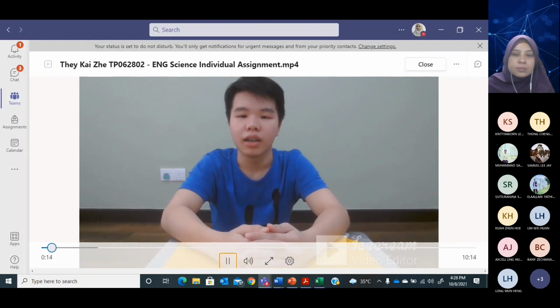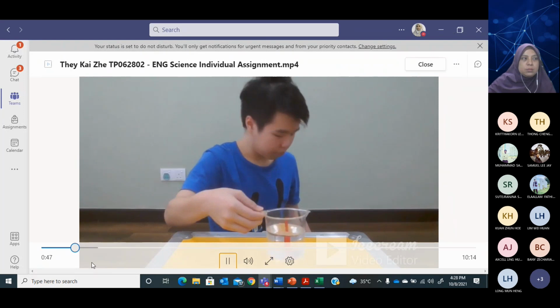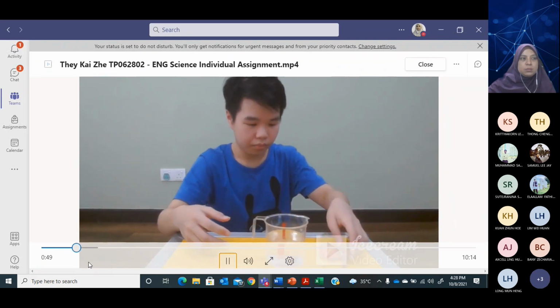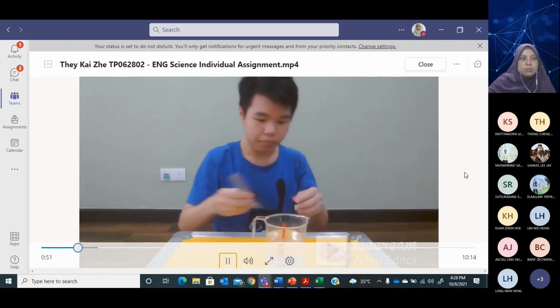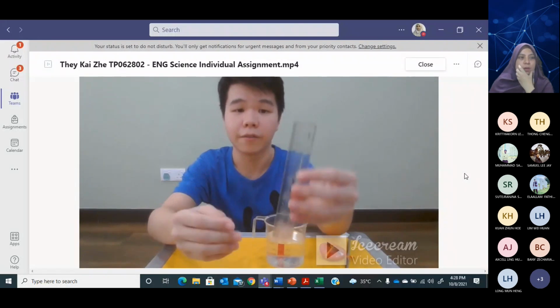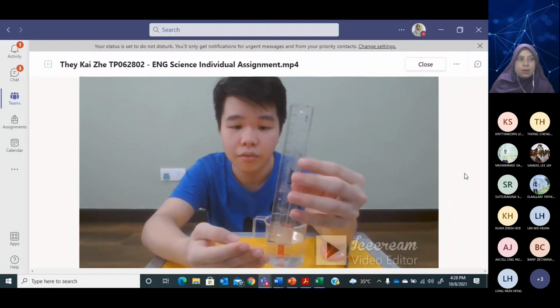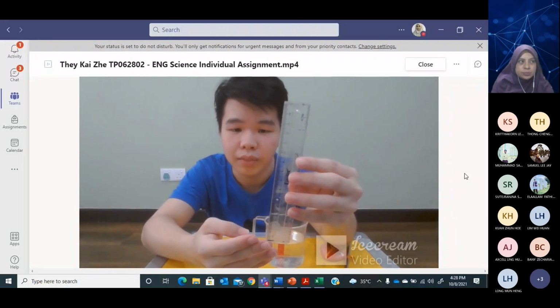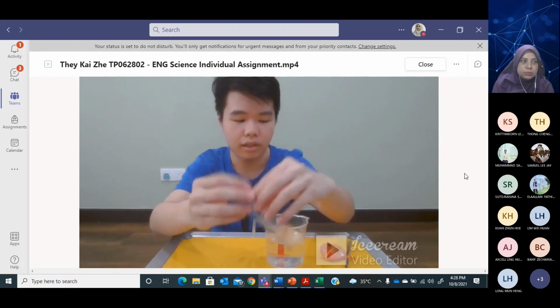Individual assignment, and I will be briefly explaining about the fluid principle. So the fluid principle that I have chosen is Archimedes principle. First, I have a 15 centimeter ruler with the 0 centimeter mark over here.